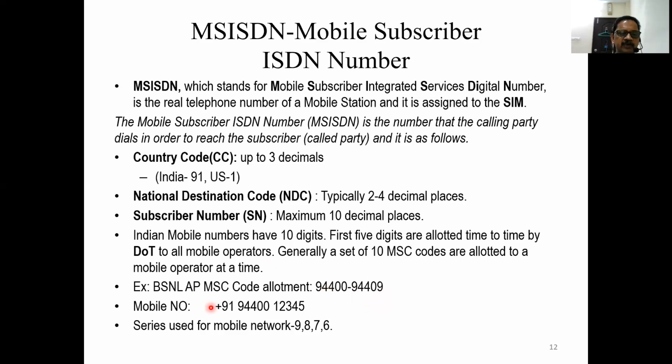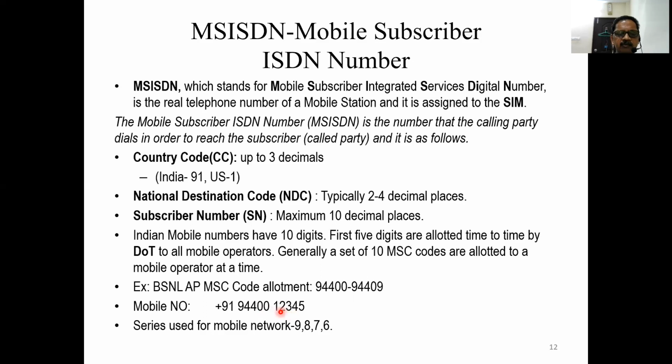So here I have given one number. I told you Indian mobile numbers have 10 digits. The +91 indicates the international code. Then 94400 is the series allocated by the Department of Telecom to Bharat Sanchar Nigam Limited.